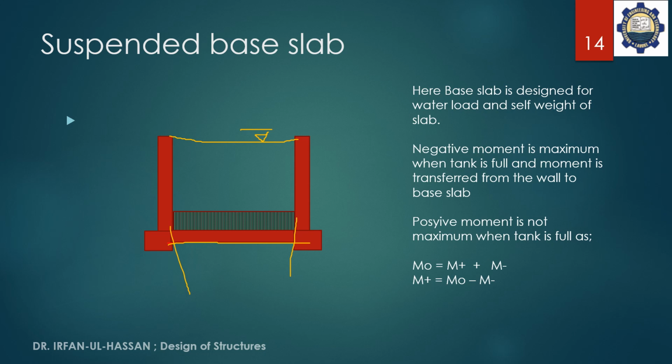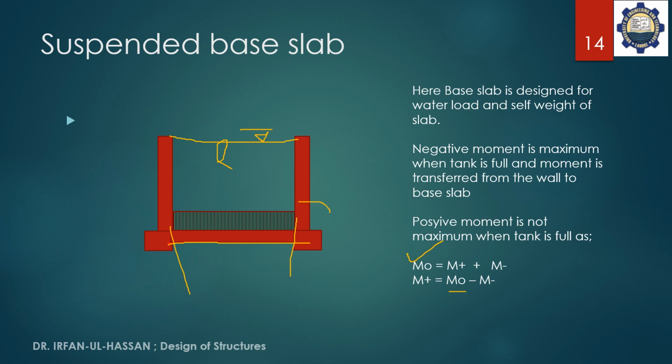First you see the fraction of the load going in the shorter or longer direction, and then you compute the simple span moment M naught. So M naught is WL square over 8. W is the total downward load, L is the span of the base slab, and into the coefficient, minus you compute the M negative.